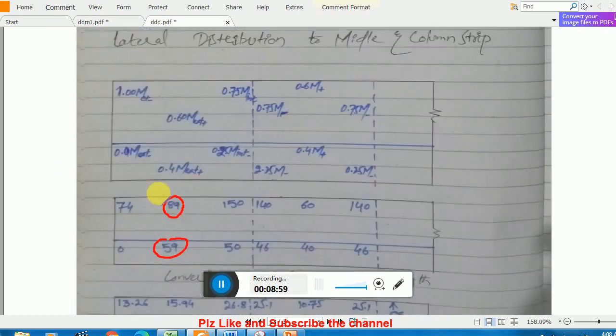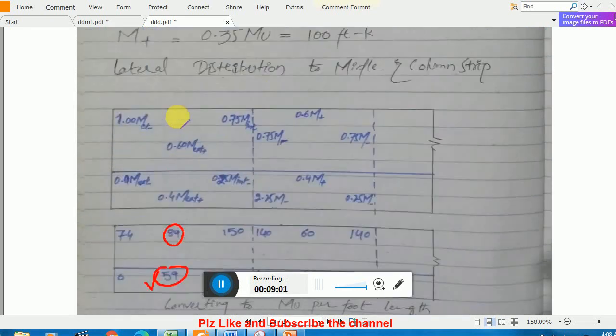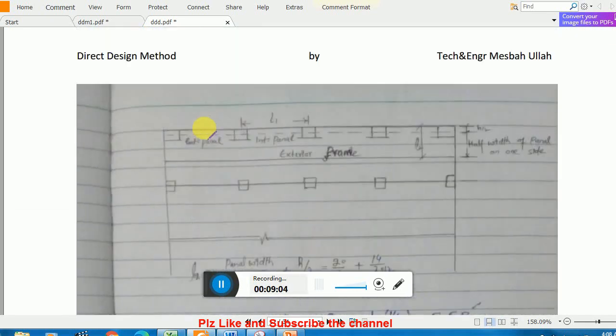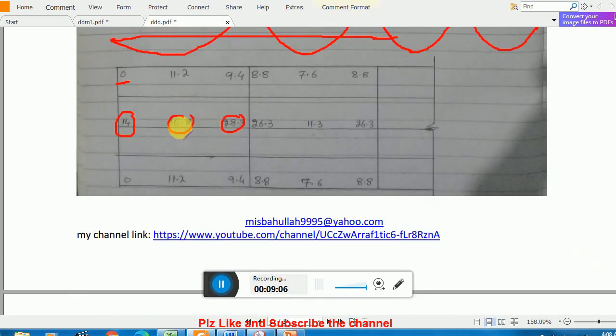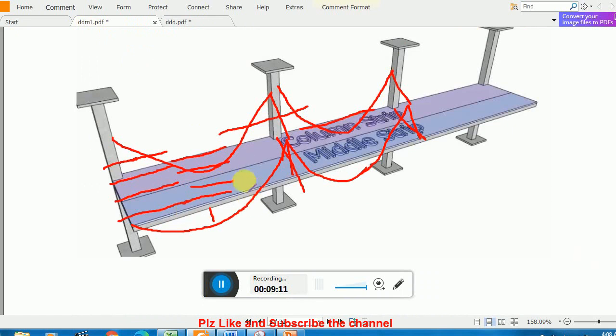And similarly, if we target this positive movement 59, and we come here to 16.8, this is very, very important: in the middle strip the positive movement is minimum, while the negative movement at the faces of the column is very high. So this demands higher reinforcement in the negative tension zone. You must look at this variation, remember. In negative regions, it demands a higher amount of steel.